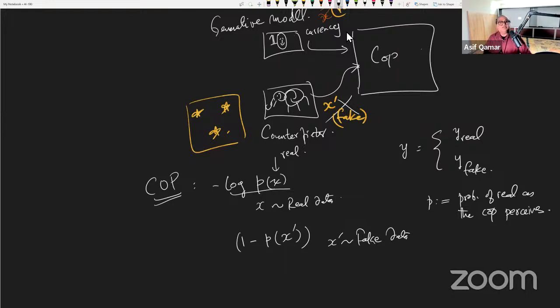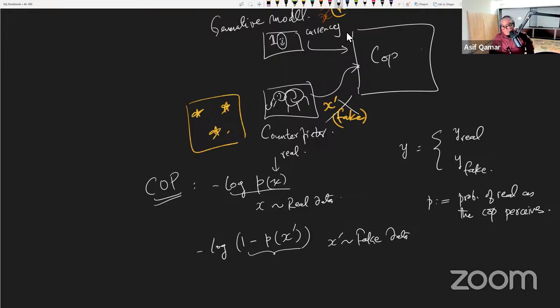So a good cop should give very low probability to fake. Would you agree, guys? Is it looking like common sense? And therefore, 1 minus P is the loss, because if the cop gives a high probability to this, 1 minus P will be low. And so the other loss term would be this. Am I making sense, guys?